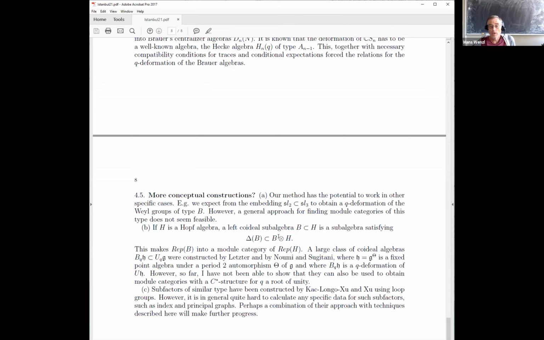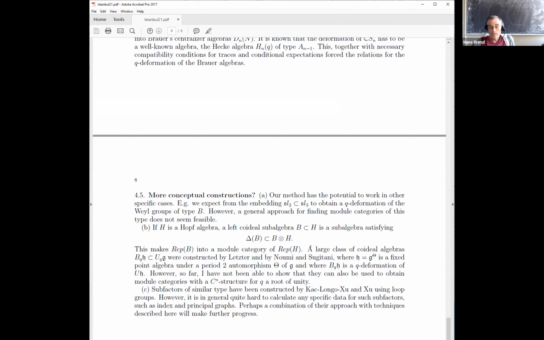So only, say here in this case, the left part has to be in B and the right part can be in H. So it's very easy to see that Rep B is a module category of Rep H, which follows from the definitions. So we already have a module category, except of course the problem is that we are interested in whether we can pull this over to these fusion categories.